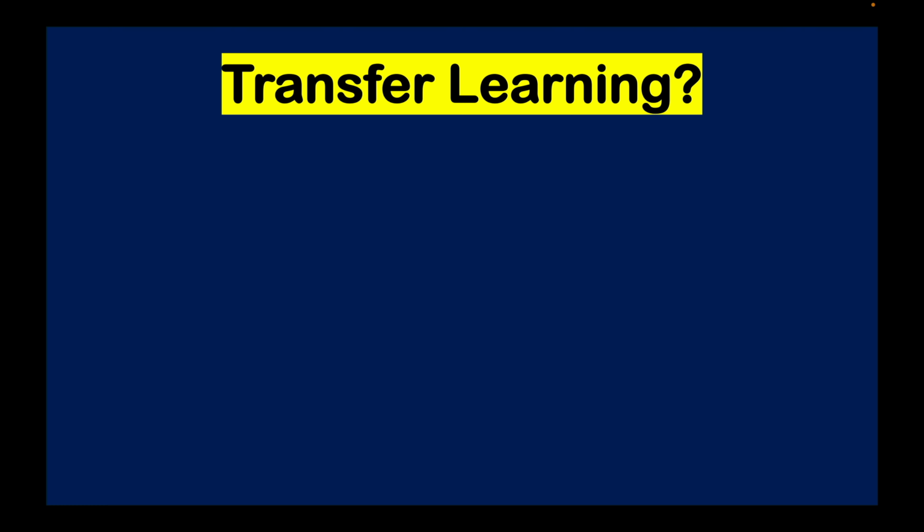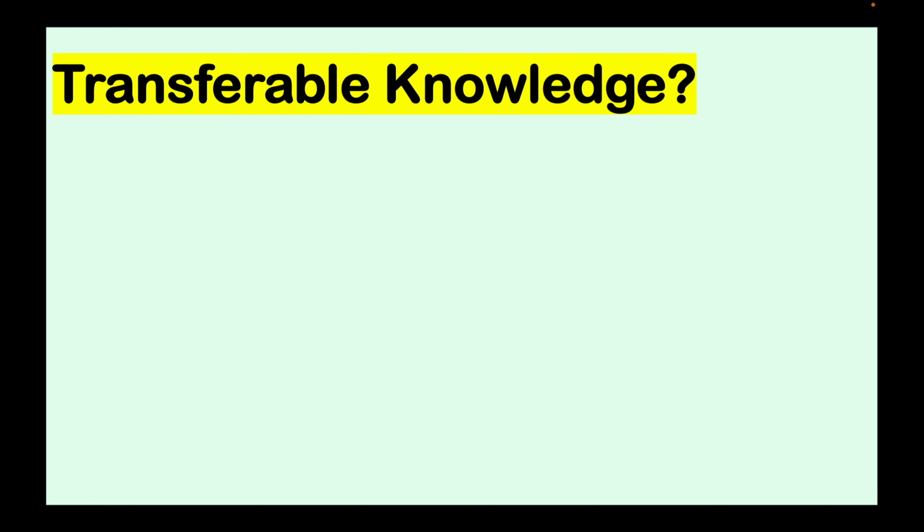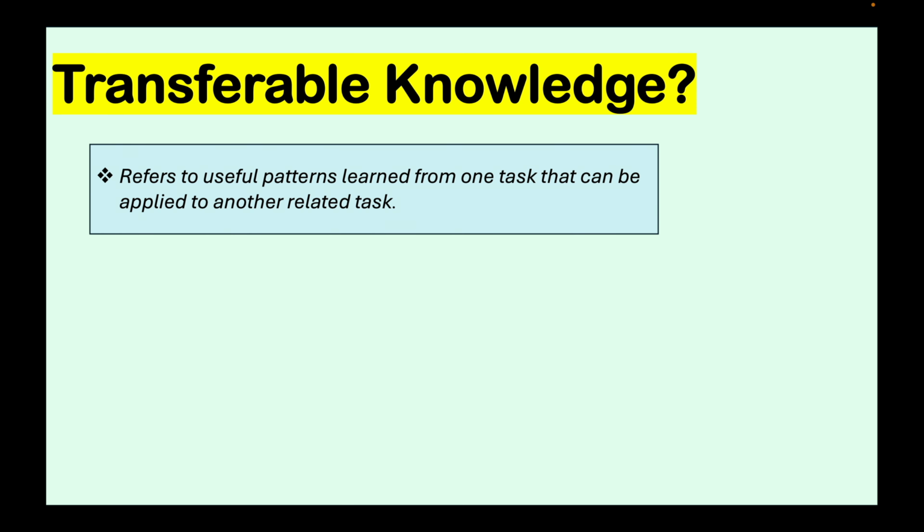What is transfer learning? Transfer learning is a technique where a model trained on one task is reused and adapted to different but related tasks. The main idea behind transfer learning is transferable knowledge. Transferable knowledge refers to useful patterns learned from one task that can be applied to another related task.